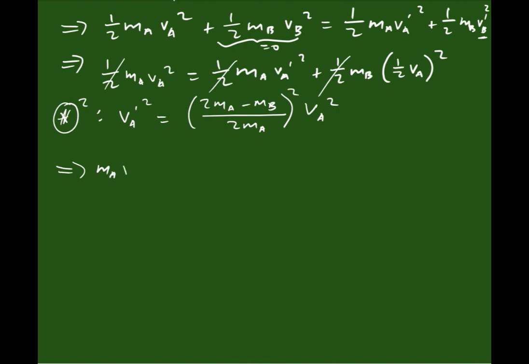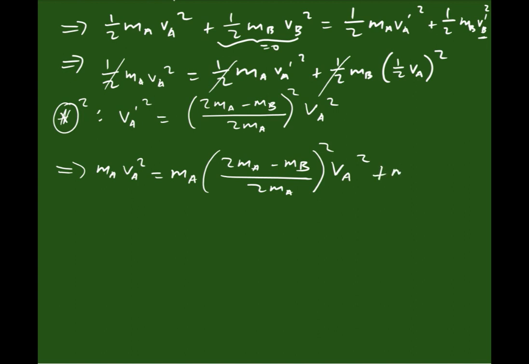MA VA squared is equal to MA, and now we plug in the star over here, so this will just be 2MA minus MB over 2MA squared VA squared plus MB, and then it's a quarter VA squared, because a half squared is a quarter.